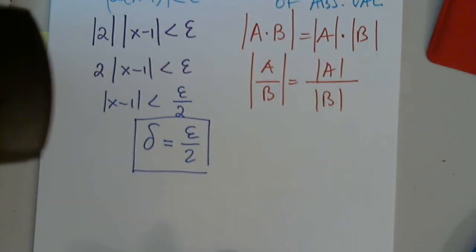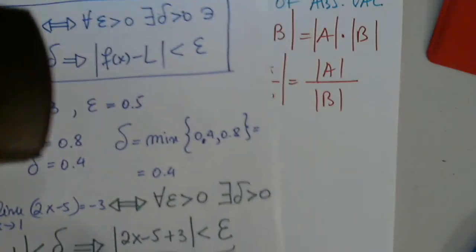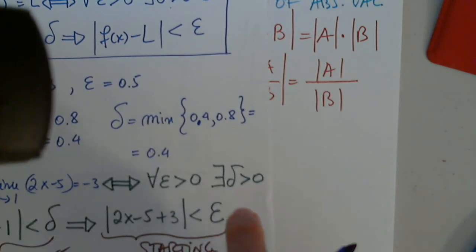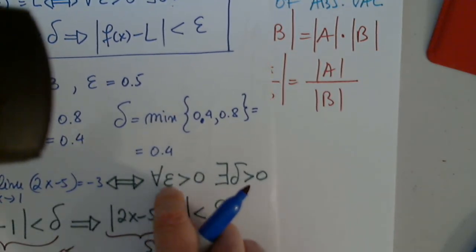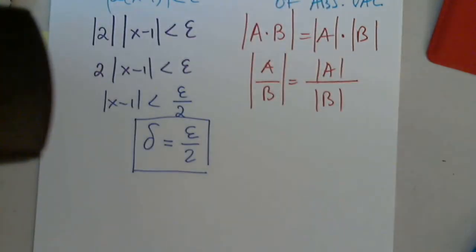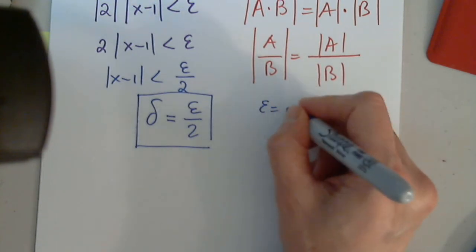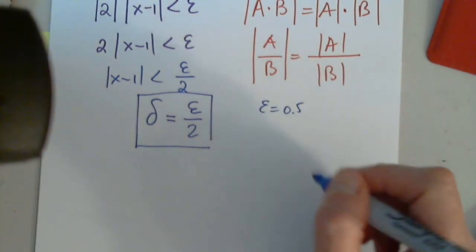That's it. Because this clearly states that for every epsilon, I will determine a corresponding delta. Delta must depend on epsilon. So if you say to me, okay, my epsilon is 0.5, give me my delta.